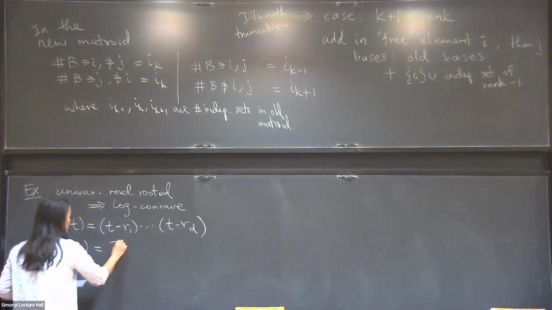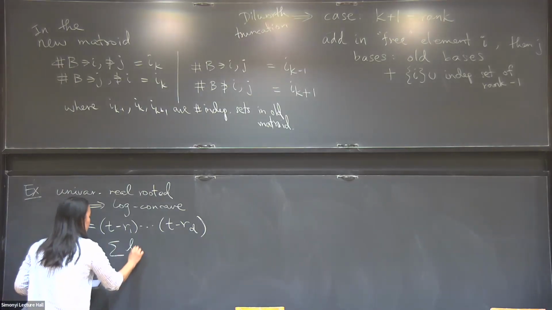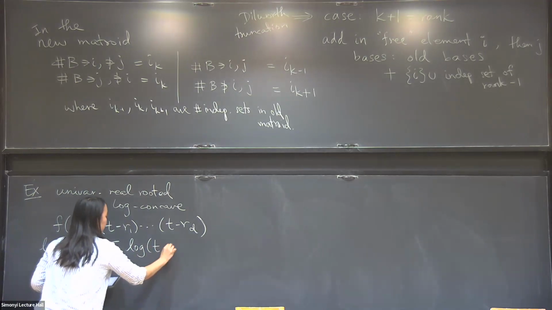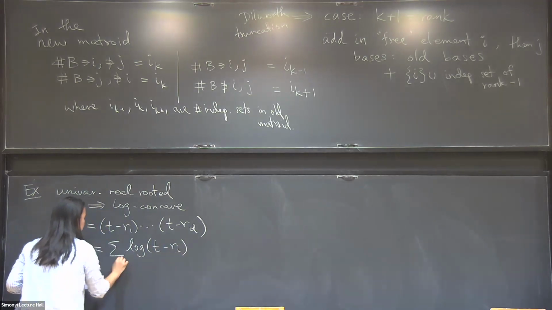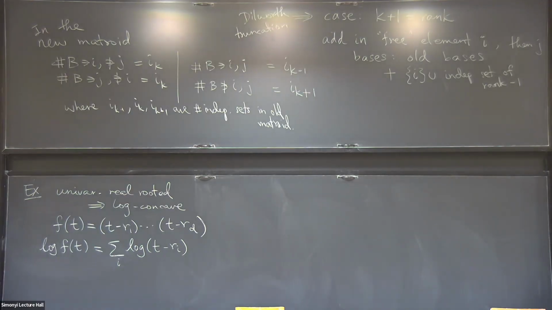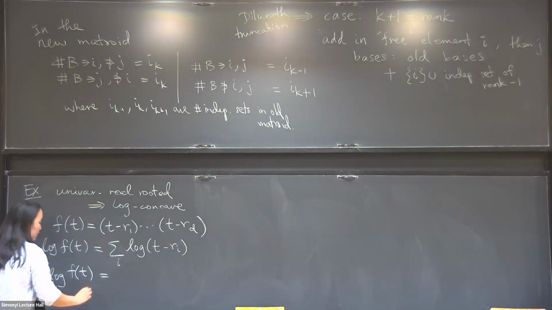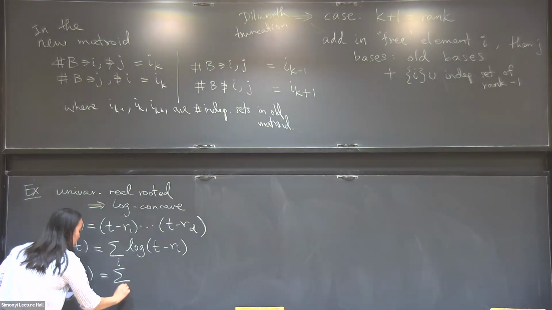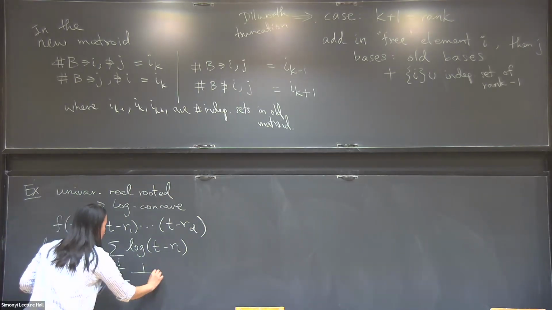The log of the product is the sum of the logs. And then if you take the derivative with respect to t, you get 1 over t minus r_i.